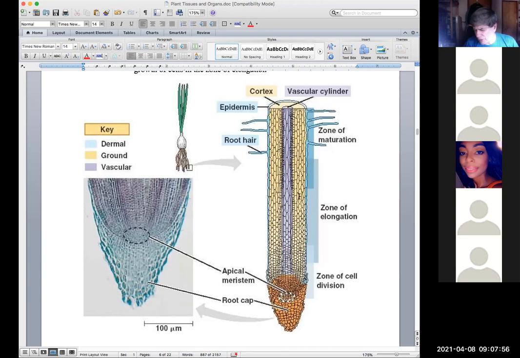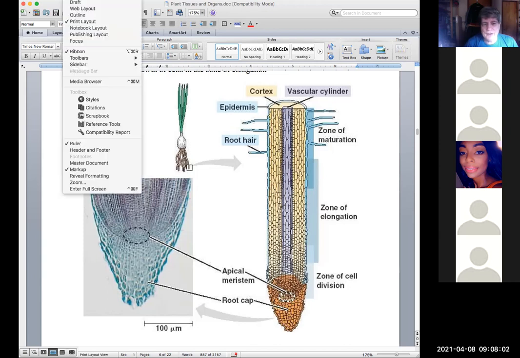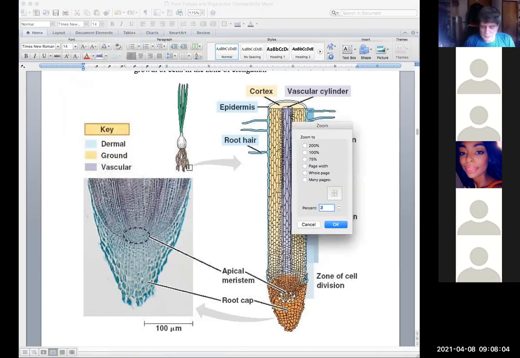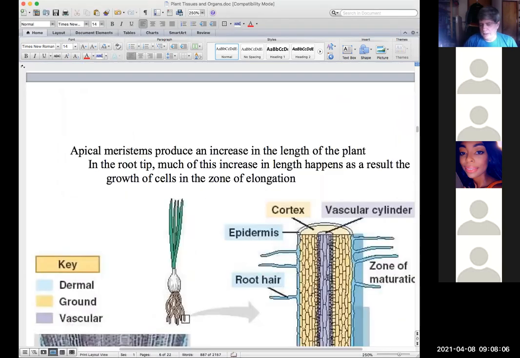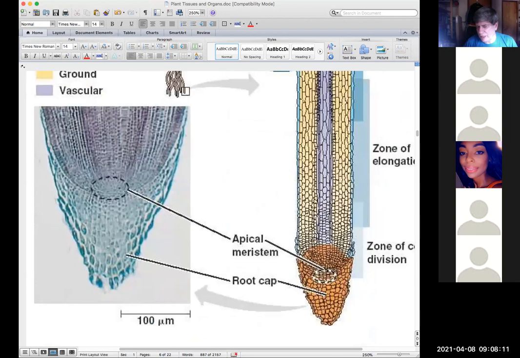And in the zone of cell elongation, let's magnify our view a little bit more here. If we look at the zone of cell elongation, notice that these yellow cells and these purple cells, we can probably see it most clearly in them, but also a little bit in the blue cells on the side.